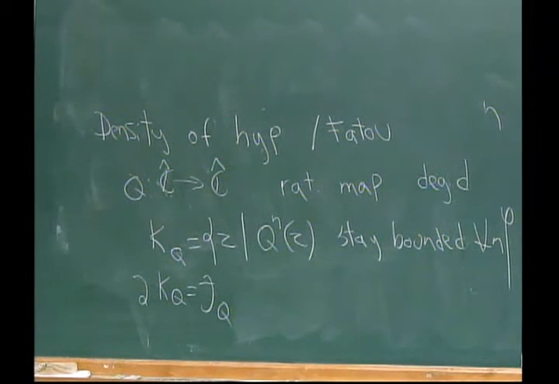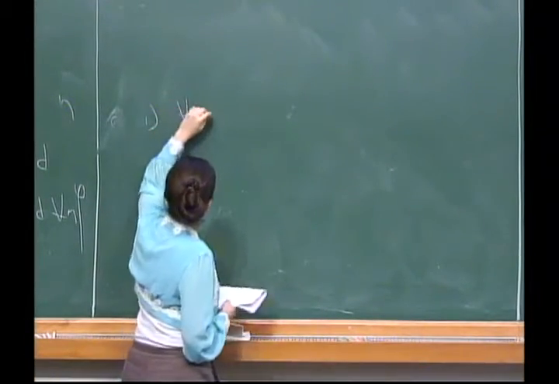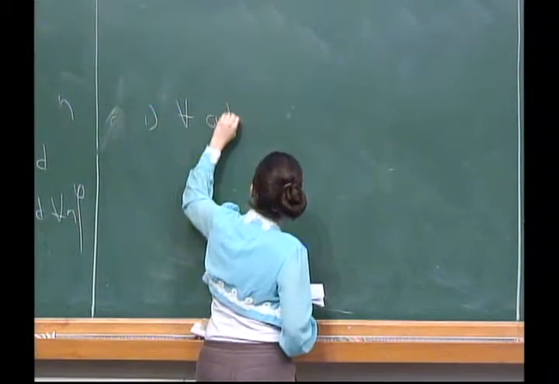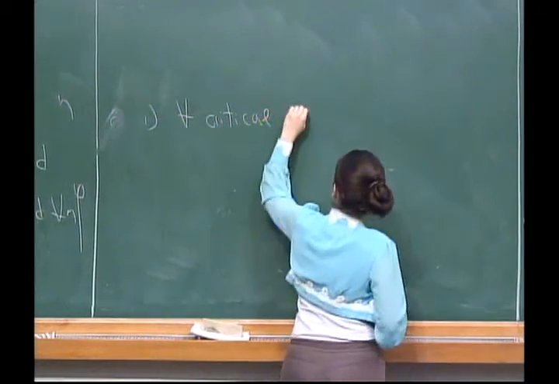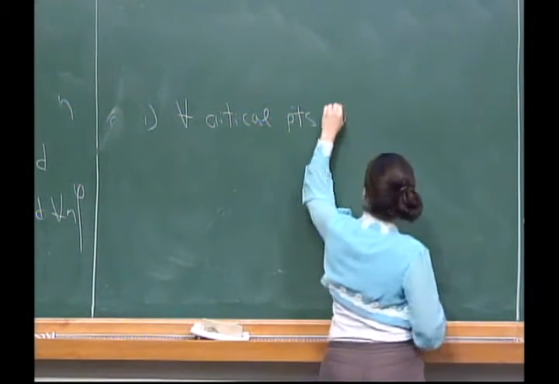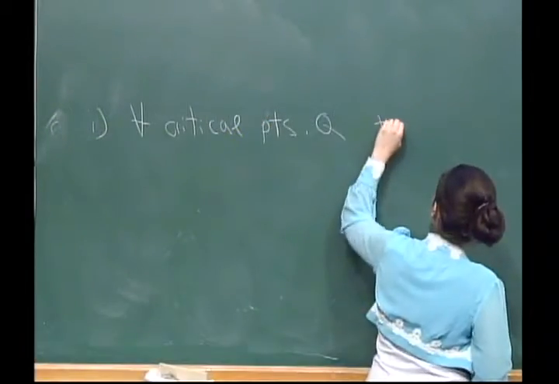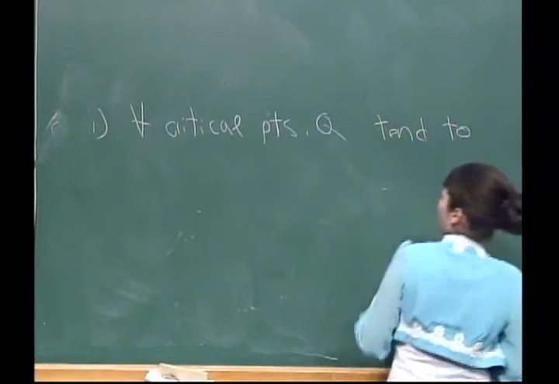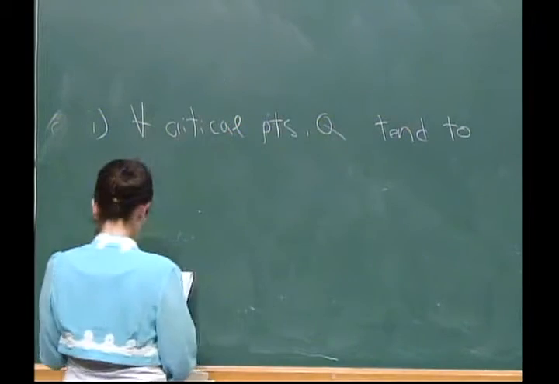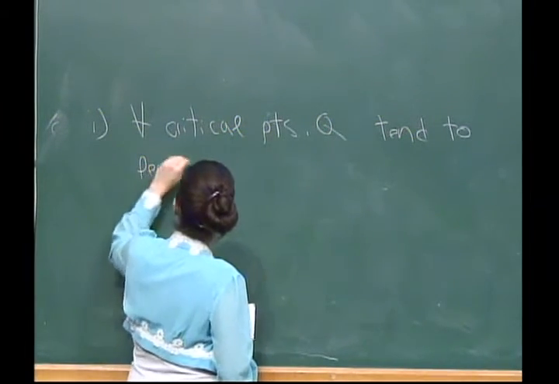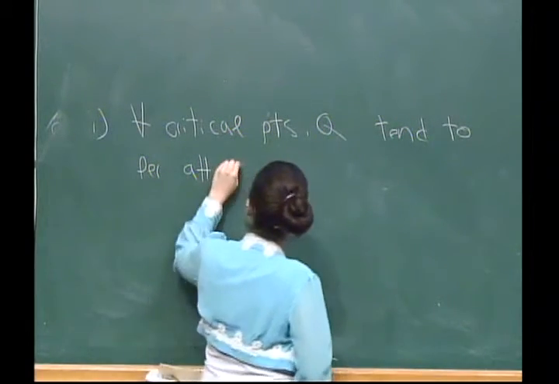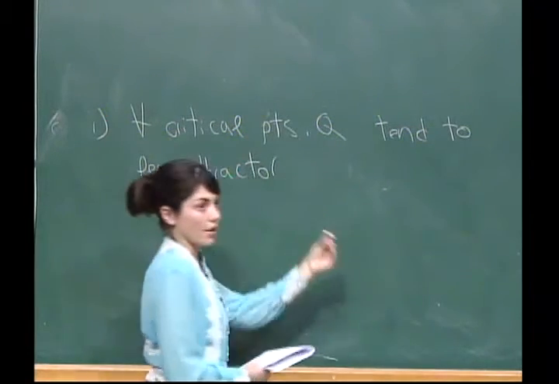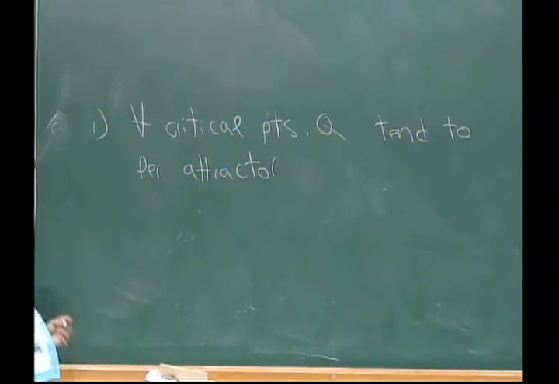I'm just going to write one that is easy, which is that all critical points of Q tend to a periodic attractor on their iteration. Yes, there are different equivalent ones. I'm going to stick to this one for the time being.